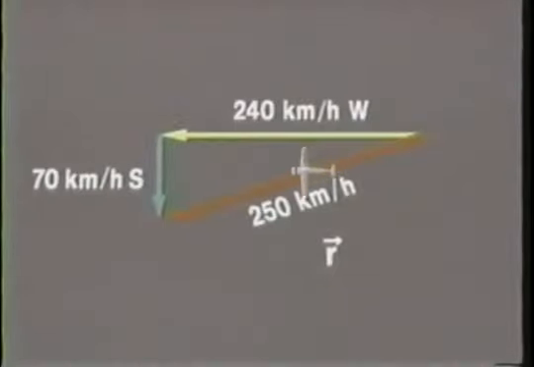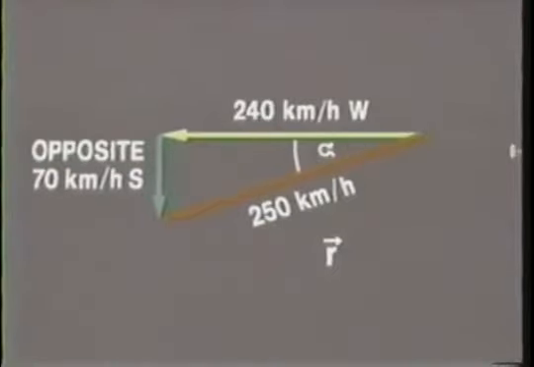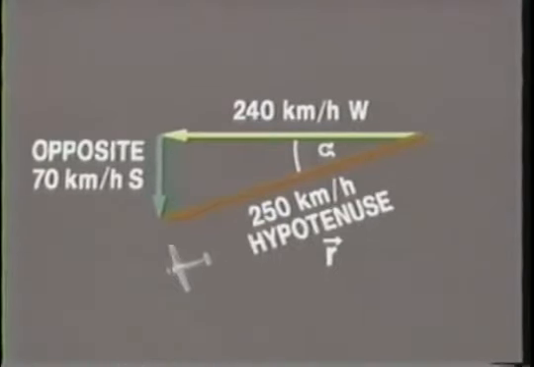Now we need to calculate the angle that represents how much the plane has been blown off course. Let's call this angle alpha, and find its tangent.